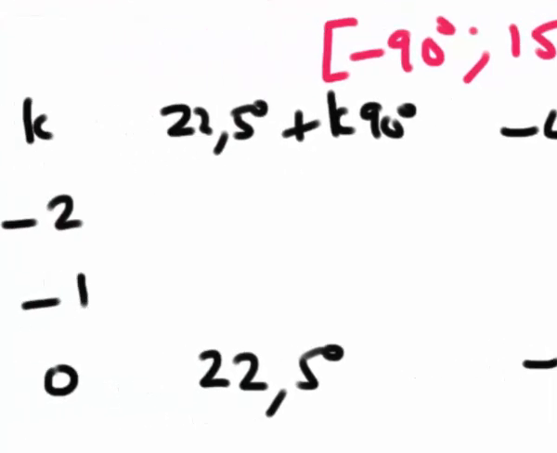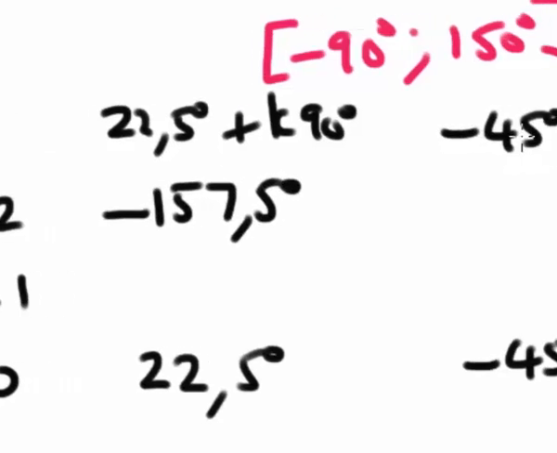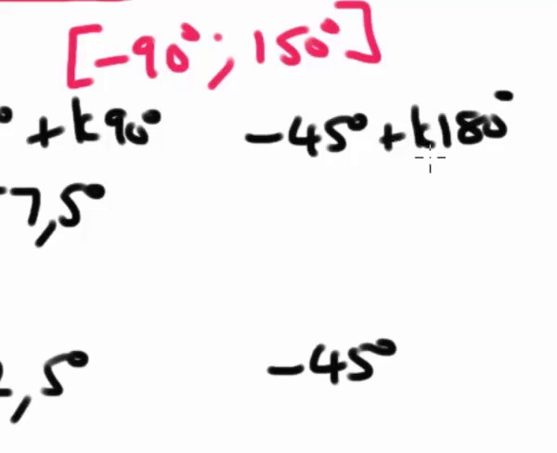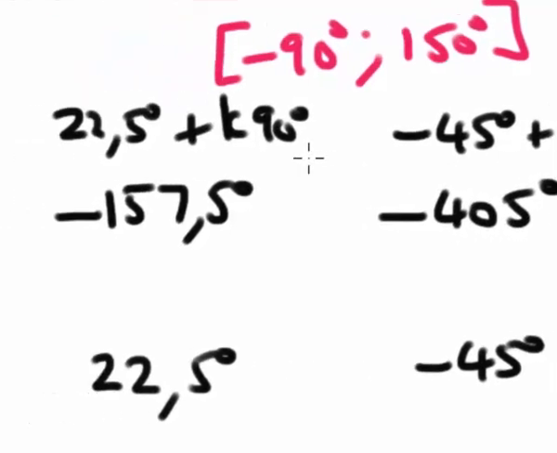Now let's go to negative 2: that's 22.5 plus negative 2 times 90. Negative 2 times 90 is negative 180, so 22.5 minus 180 will come to minus 157.5. Negative 45 plus negative 2 times 180 is negative 45 subtract 360, which comes to negative 405.